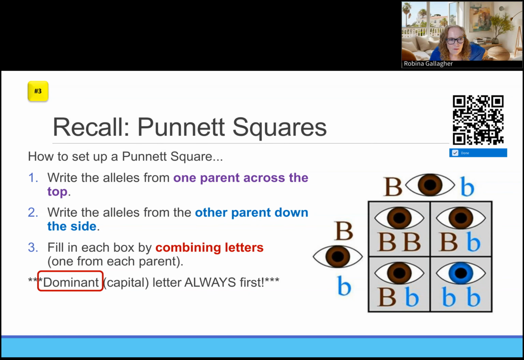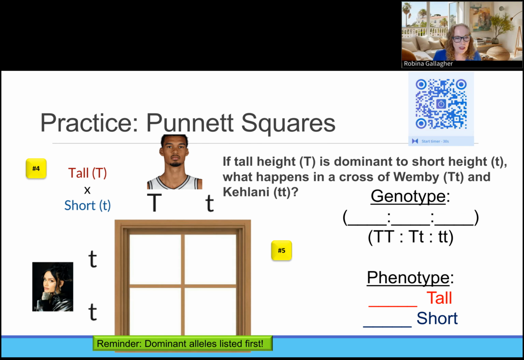Okay, so that is question number 3. Now, here we go, okay? We are going to do questions 4 and 5 together, okay? So the question says, if tall height is dominant, okay? So tall is dominant.